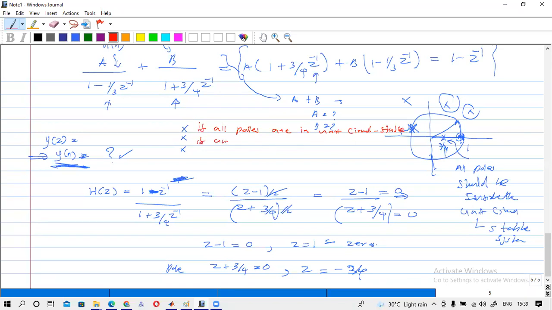If any pole is outside the unit circle, then the system will be unstable. If any pole is on the unit circle, it is called marginally stable. So please keep remembering these things.